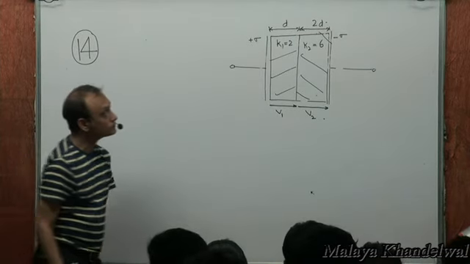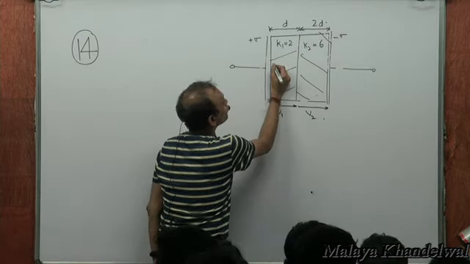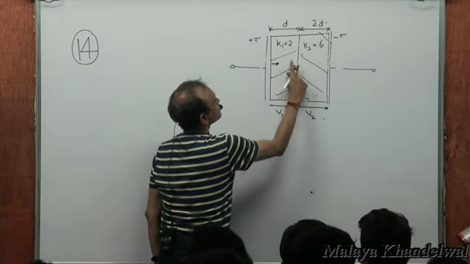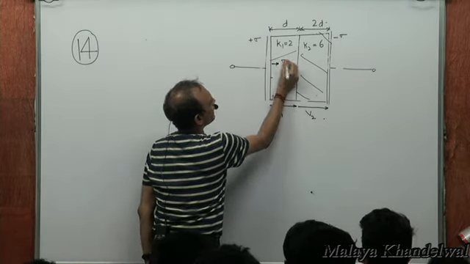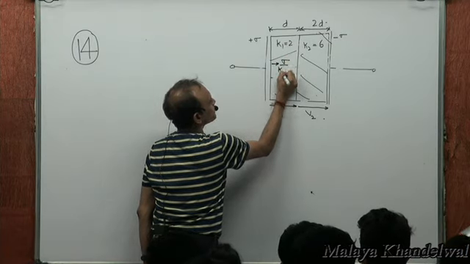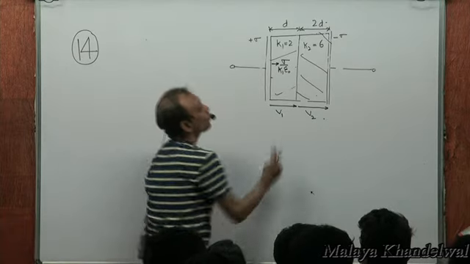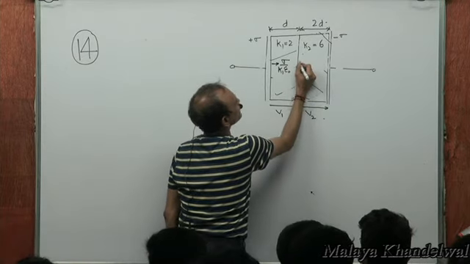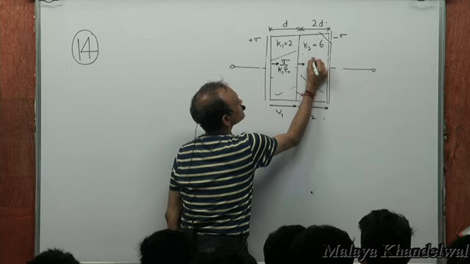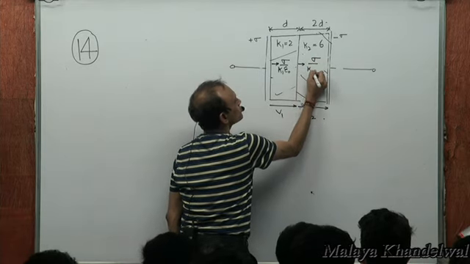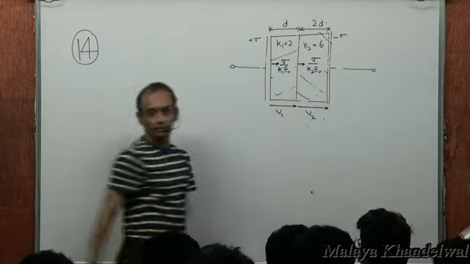Now, what would be the electric field in this region? Sigma by K1 epsilon naught would be the electric field in this region, right? What would be the electric field in this region? The electric field in this region is going to be sigma by K2 epsilon naught, right?